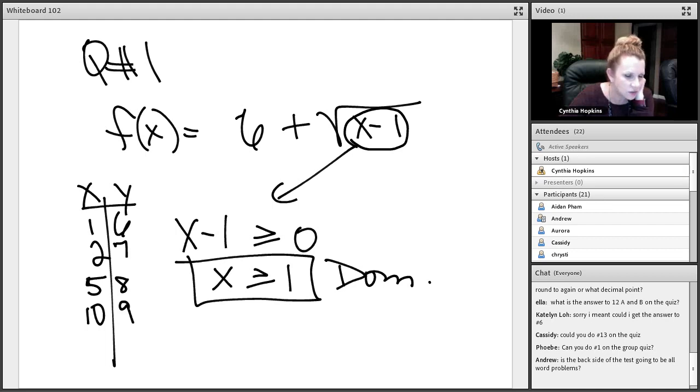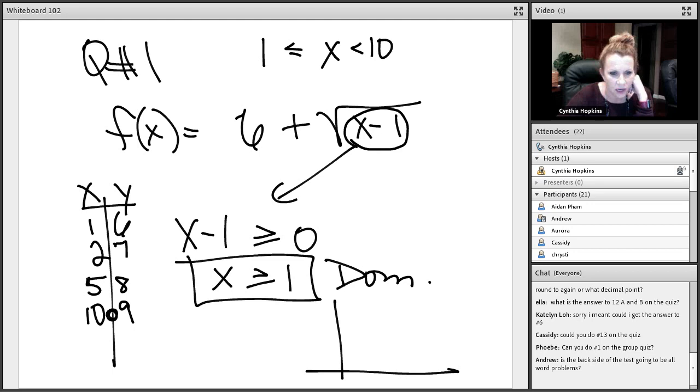But did you guys notice that in the domain it said 1 is less than or equal to x, which is less than 10. There's no equal sign on the 10. So look what I'm going to do on my chart. I'm going to put an open circle right there on my chart just to make sure I don't forget. Okay, when I go to graph this, my x's, I'm going to go all the way to 10.